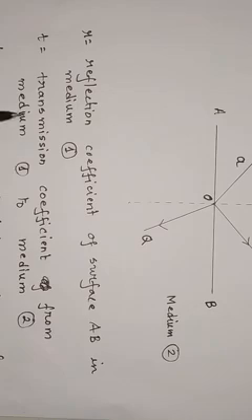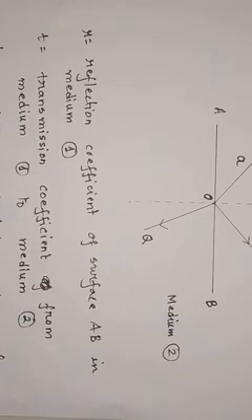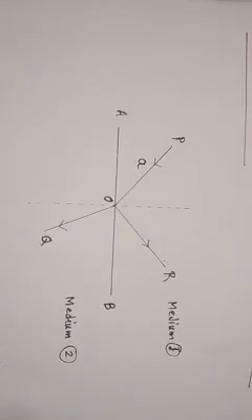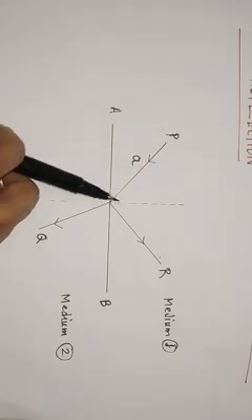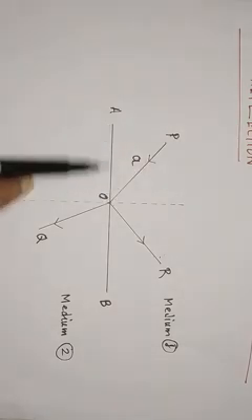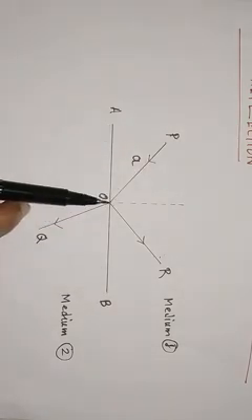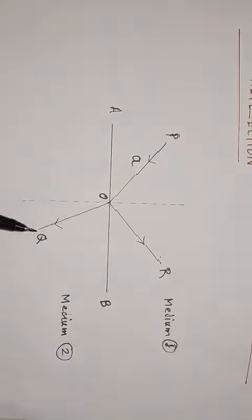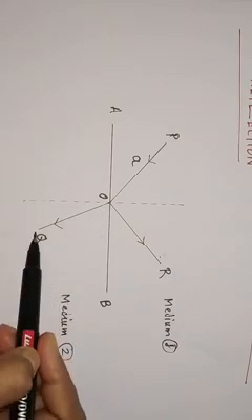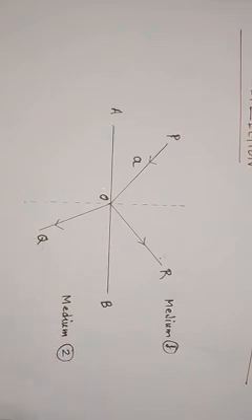And small t is the transmission coefficient from medium 1 to medium 2. It means that when a ray is travelling in medium 1 and is incident on surface AB, then it is transmitted, or refracted, to the second medium 2. The fraction of the amplitude which is transmitted to medium 2 is t.